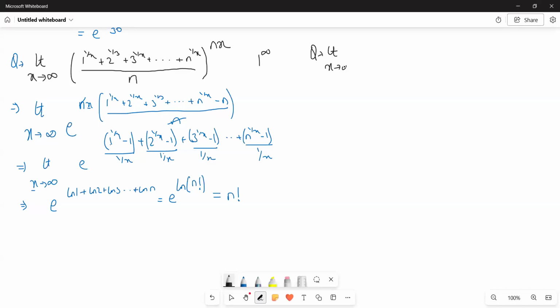Limit x tending to infinity, x into 1 minus x into log of 1 plus 1 by x. Find the value. Limit x tending to infinity, x into 1 minus x log of 1 plus 1 by x.